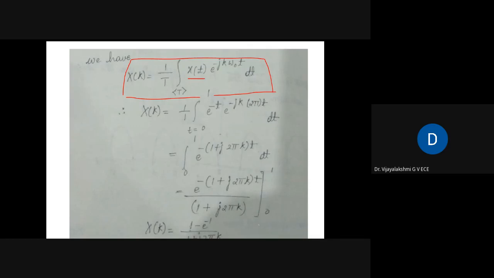So for e raised to minus 1, you have to apply the limits. The first limit is 1. When I substitute t equal to 1, what will happen?